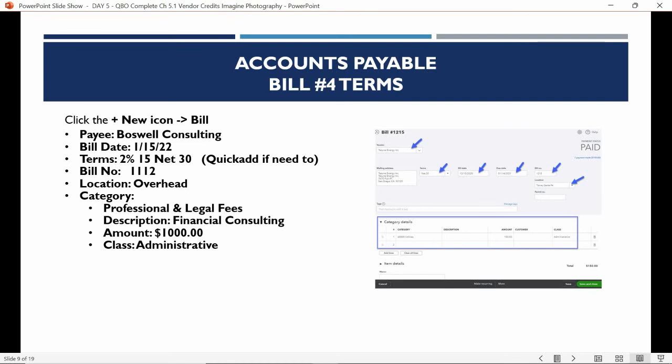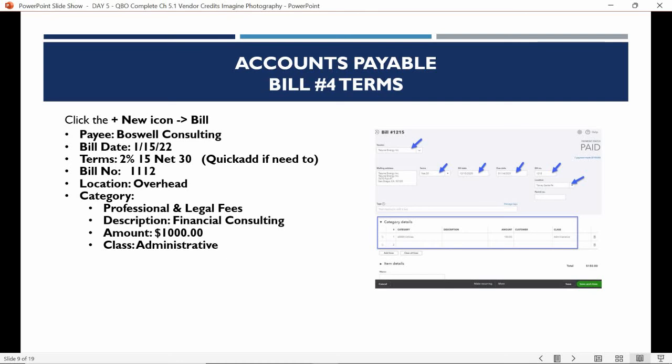Where you get to take an opportunity to pay a discounted rate if you meet the terms. So again, terms is a vendor can offer you a discount if you pay within a specific time frame. And if not, then the entire bill is due within X amount of days, right?